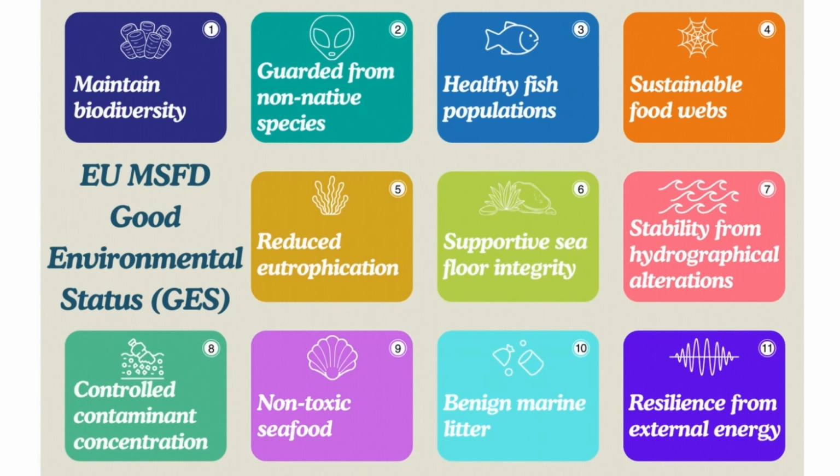MSFD defines 11 descriptors to achieve good environmental status, GES, a state that ensures the continued use of marine resources for generations to come. Ecopath outputs help form indices that measure GES descriptors, enabling scientists and other stakeholders to focus on areas in need of attention.